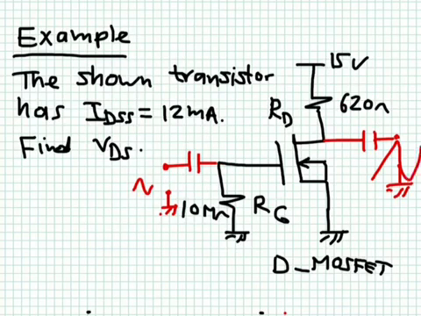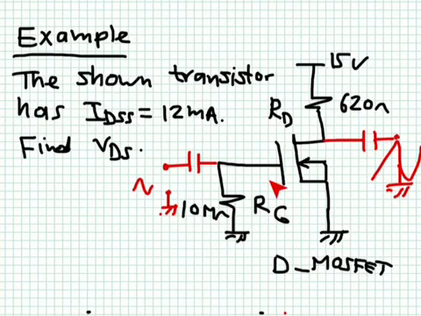Now for this one, we know that the VGS is equal to 0. We are given IDSS in this case, but here the tricky part is that IDSS is the drain current when VGS is equal to 0. So it must be the drain current in this case. Remember, the gate is connected to ground through a resistance RG, but there is no current flowing into the gate.